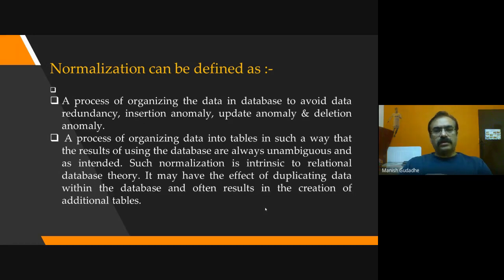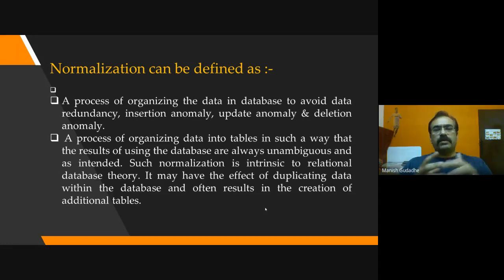Such normalization is intrinsic to relational database theory. Intrinsic means it is understood that we should prepare the relations, the tables, in such a way that they are in a normalized form. It may have the effect of duplicating the data within the database and often results in the creation of additional tables.